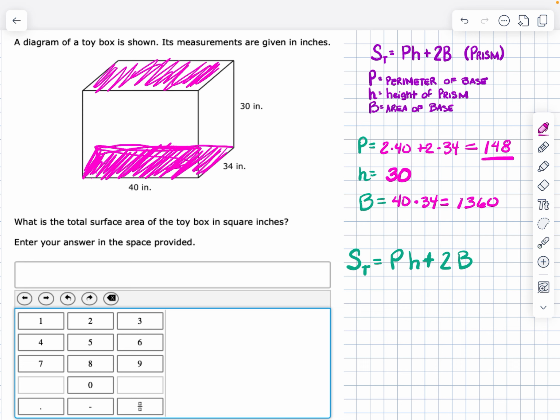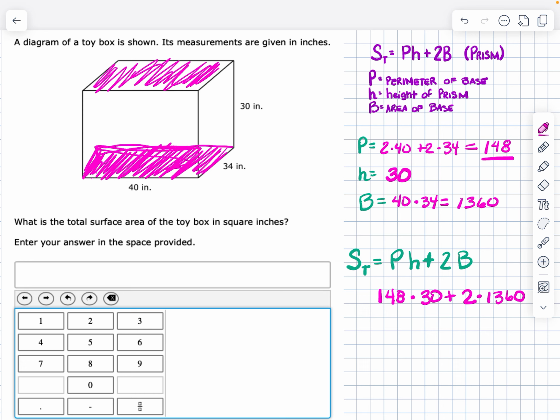So let's do that. The perimeter of the base is 148, right? And then the height is 30. And then we put down the 2, because we're going to multiply that times the area of the base, which is 1,360.